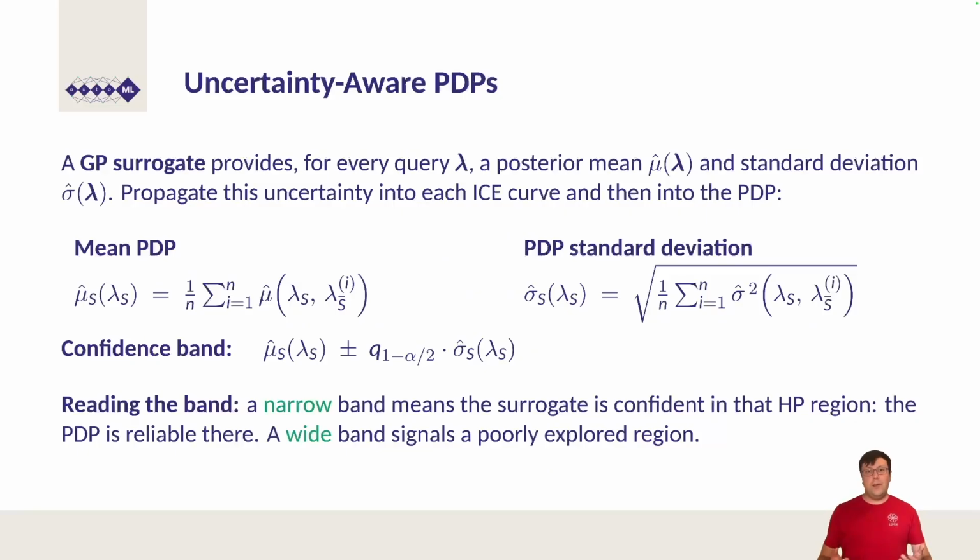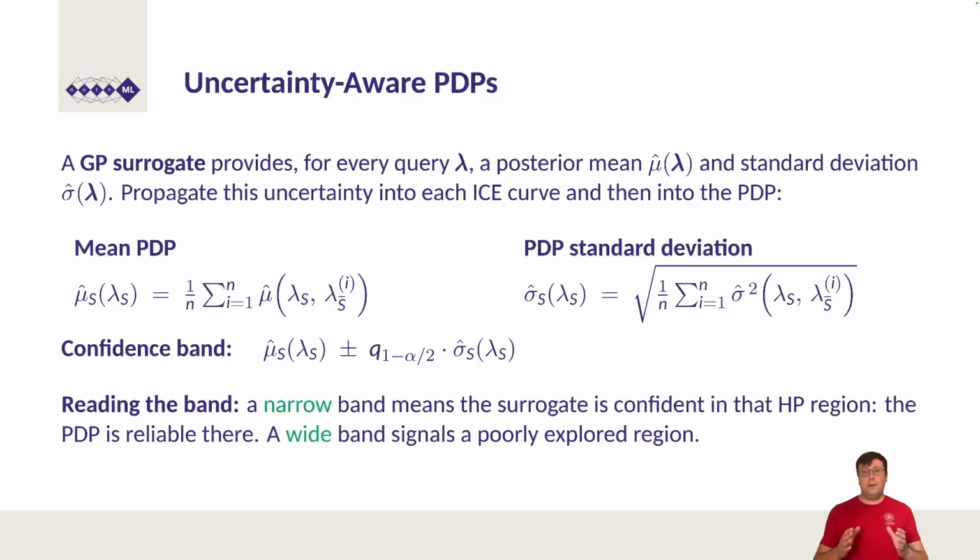The first remedy propagates the surrogate's posterior uncertainty into the estimate. A GP provides a posterior mean and a standard deviation at every query. The mean PDP is the average of the posterior means over the background. The PDP standard deviation is the root mean square of the pointwise posterior standard deviations.